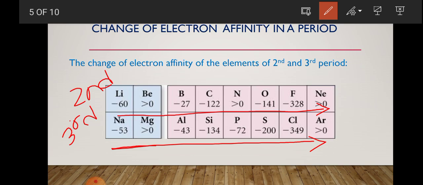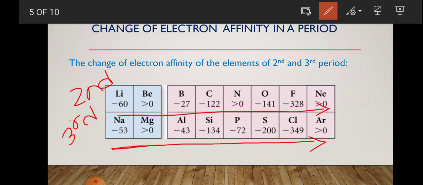As we go from left to right in a period, the nuclear charge of the atoms increases, as well as the atomic radius gradually decreases. So the distance of the outermost electron from the nucleus gradually decreases, and as a result the attraction between electron and nucleus increases.